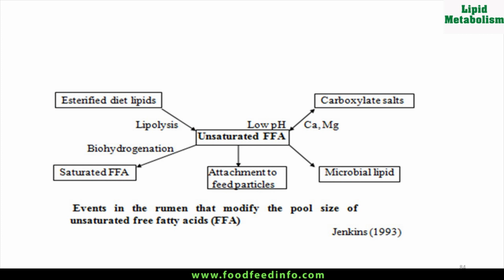Here are the events in the rumen that modify the pool size of unsaturated free fatty acids. This is what is going on within the rumen, where unsaturated fatty acids are converted into saturated fat.